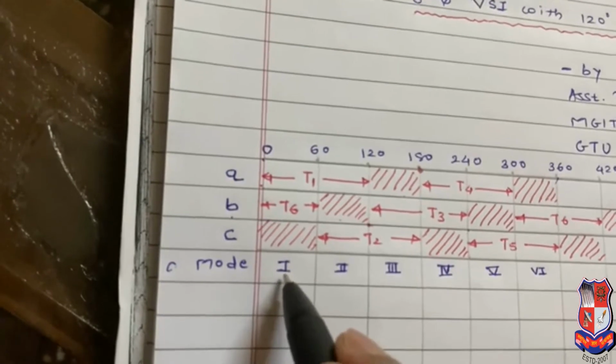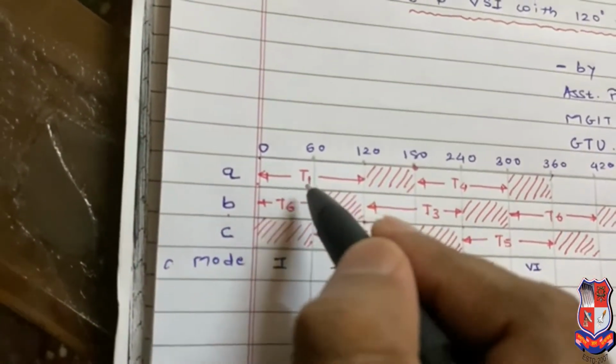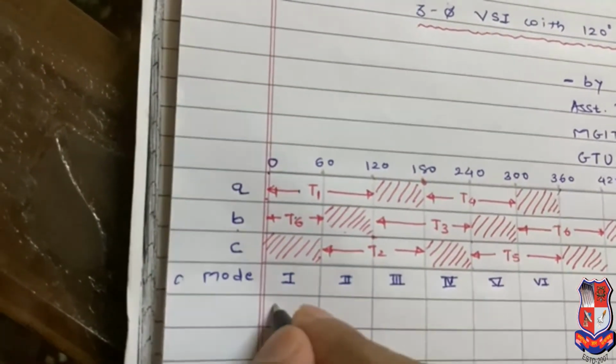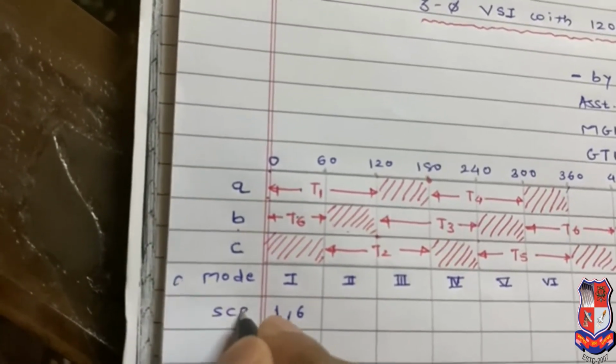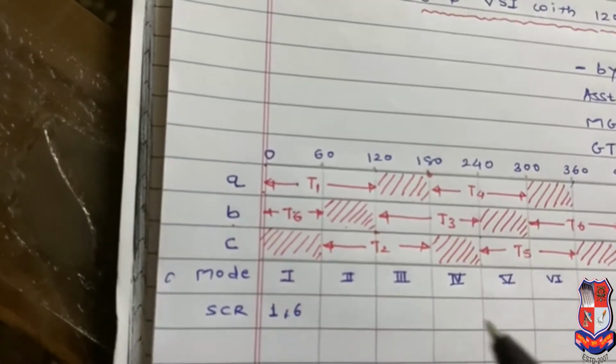So for mode number 1 we can observe that T1 and T6 are in on condition. SCR T1 and T6 will conduct.